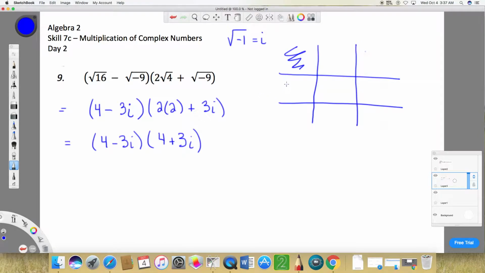So we've got 4 minus 3i and 4 plus 3i. When we multiply 4 times 4, we get 16, and we have 4 times 3i is 12i.